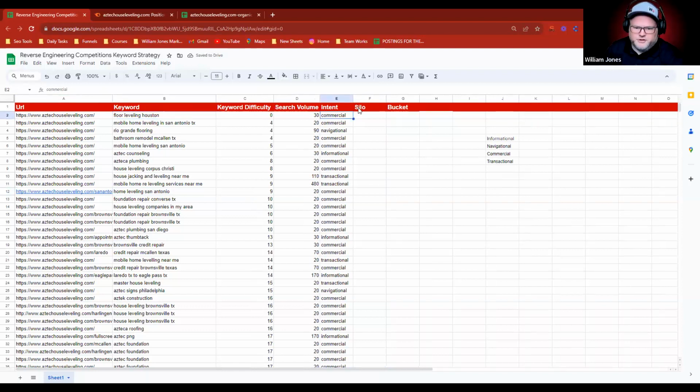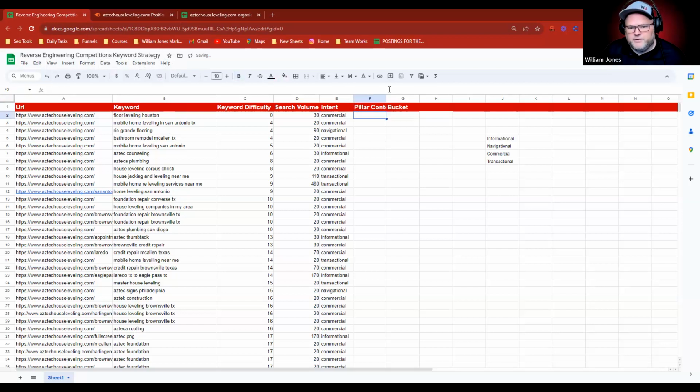Now, there are two columns here that are not going to be filled out. You're not going to have this information based upon SEMrush or Ahrefs. Silos we'll go over in another class, but essentially what I would like to call, instead of a silo, is pillar content.